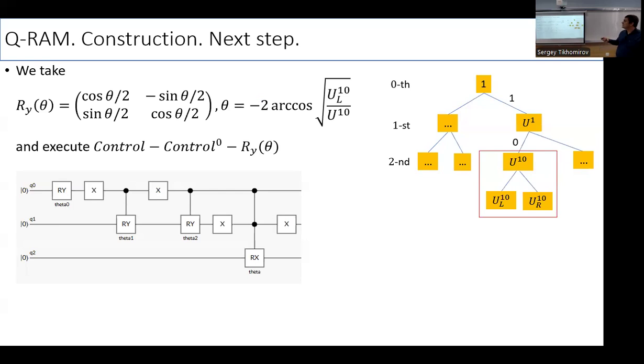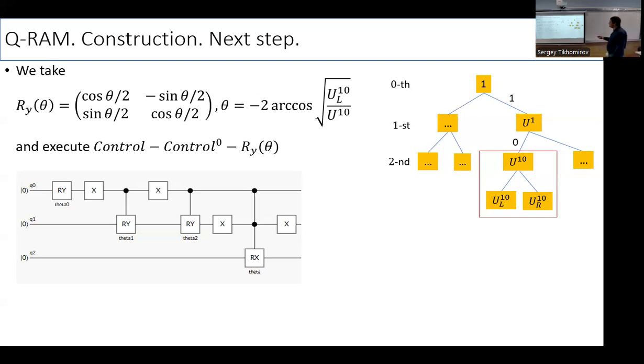With this rotation angle, I should now execute multiple controls which correspond to the directions of this branch, such that one is on the first qubit, zero on the second qubit, and I execute the rotation. So this is this block here.